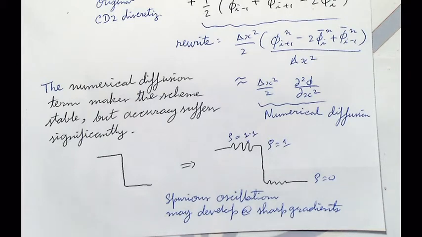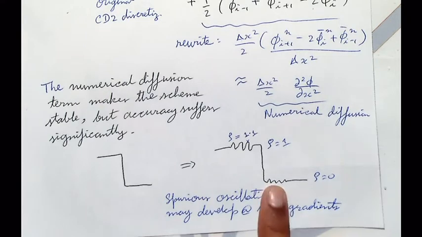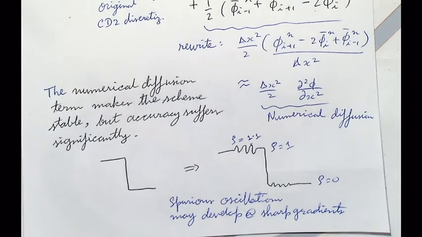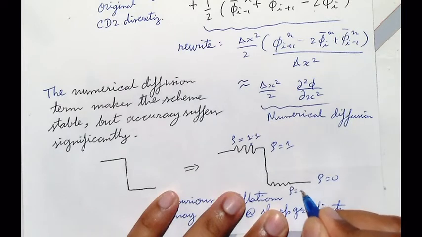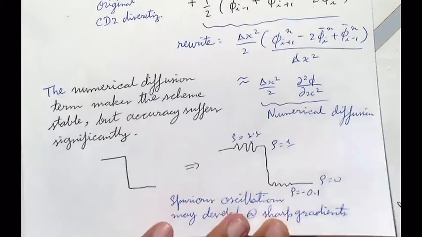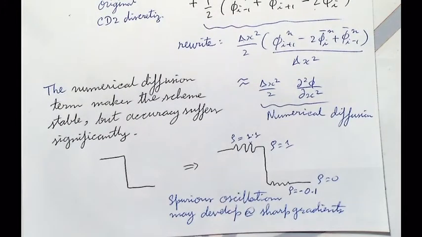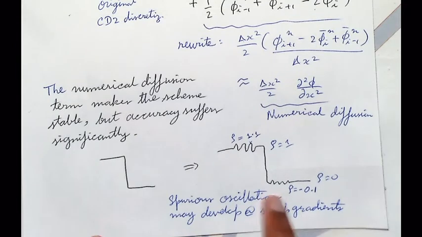The density can increase, physically feasible. What happens here, where it's non-zero? Let's say it's minus 0.1. Physically, what does that mean? It means we have antimatter. So that's a big issue.